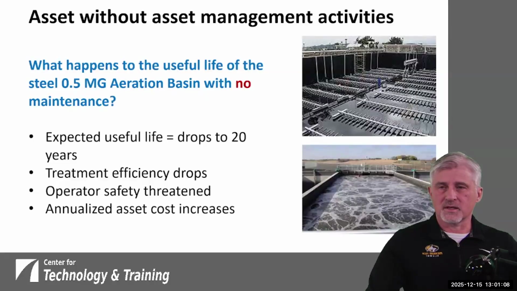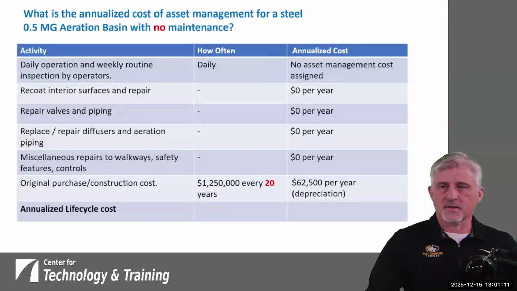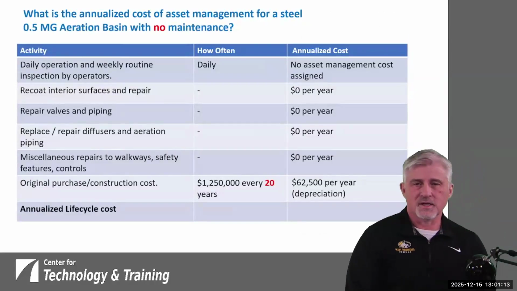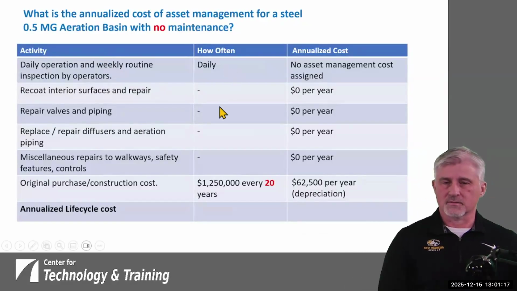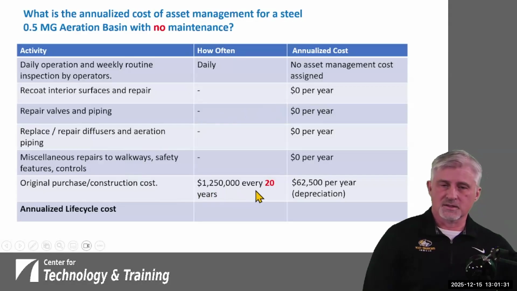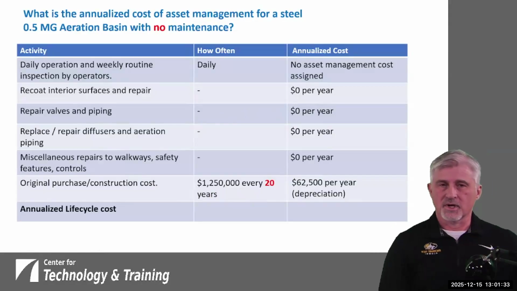But what we're going to see is that the annualized asset cost increases. If we take this same table, all these different activities, we're not doing them, so we don't have any cost associated with those. But we still have that $1.25 million price tag. And since it's only going to last 20 years, it's going to cost us $62,500 per year.